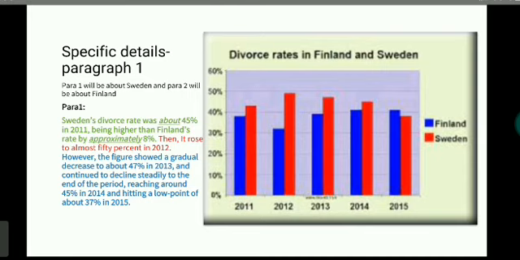So the red bars are declining, reaching around 45% in 2014 and hitting a low point of 37% in 2015. So that's about para number 1. This para is good enough for 8.5 bands.